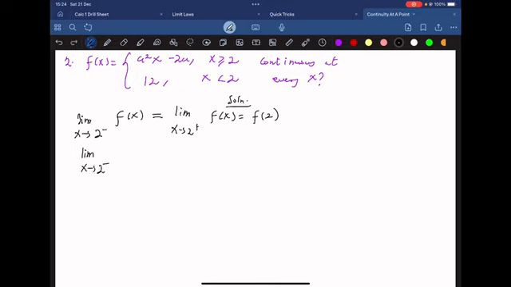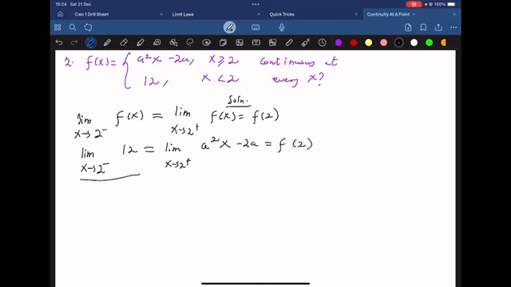So we just have our f of x in this case is 12. From the right, we use greater than. So in this case, we have a squared x minus 2a, and this is equal to f of 2.